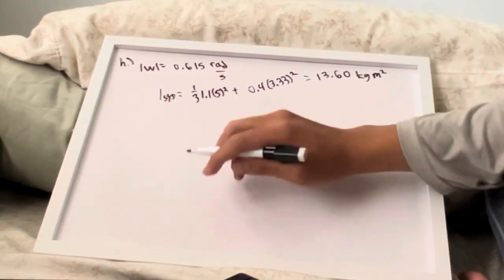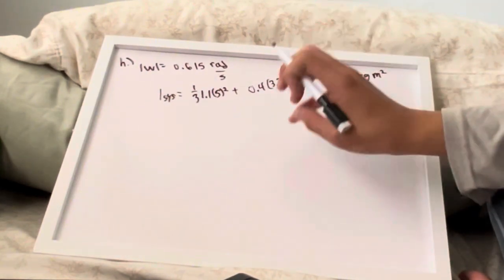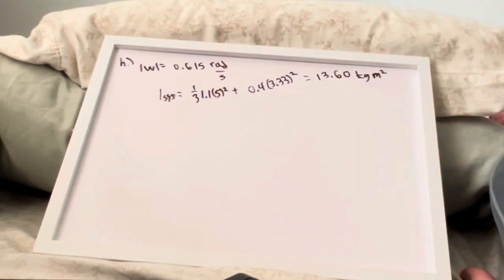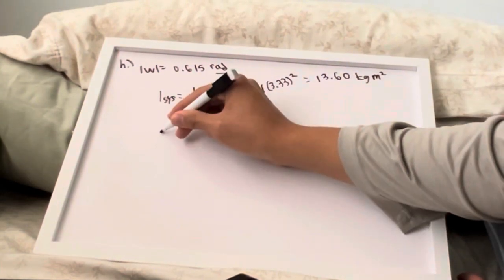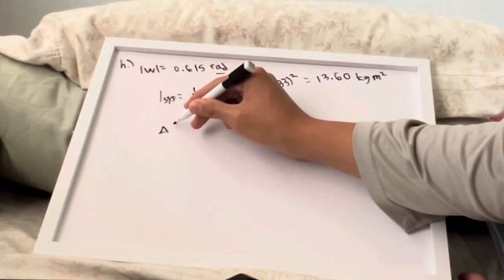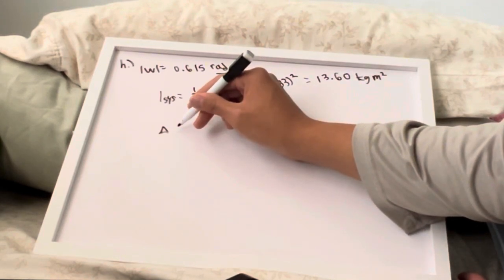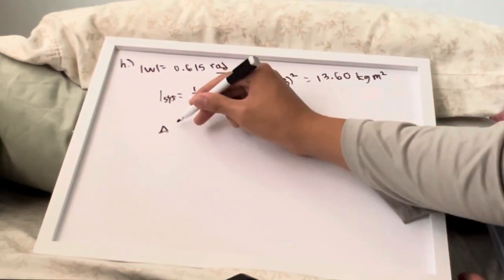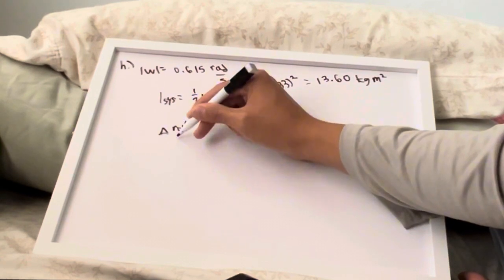Because the rotational energy I have before is going to translate into how high I go up. So basically, the change in rotational energy is going to be equal to the change in mgh, potential energy. So the change in rot energy, I'll just write rot energy.